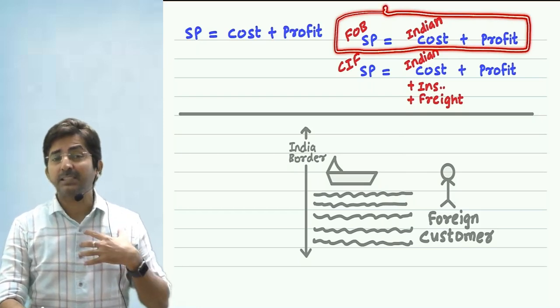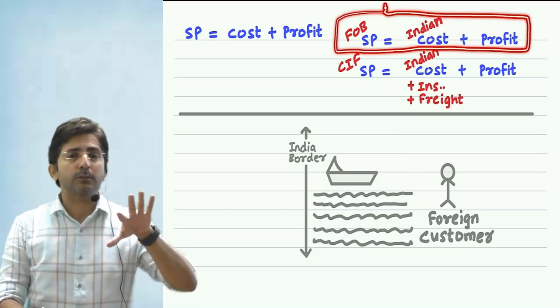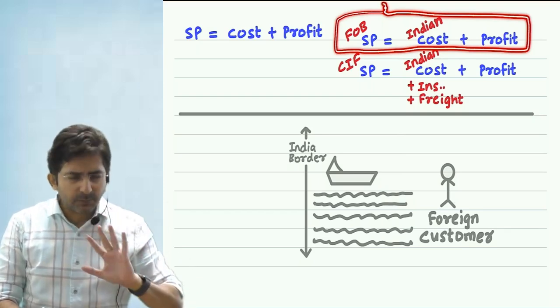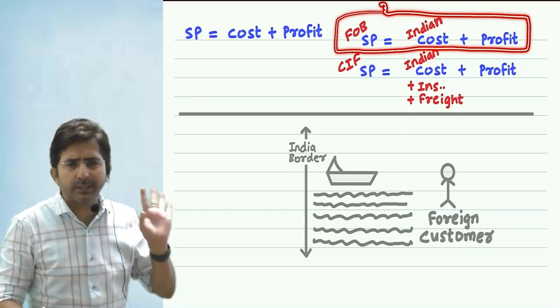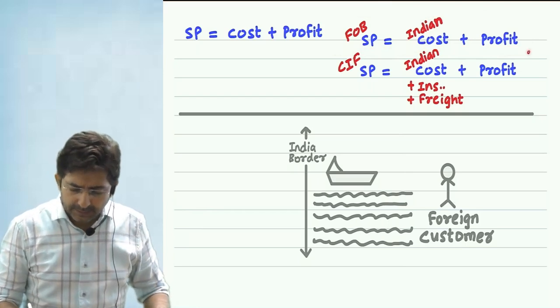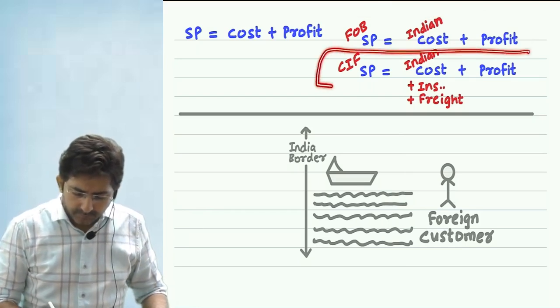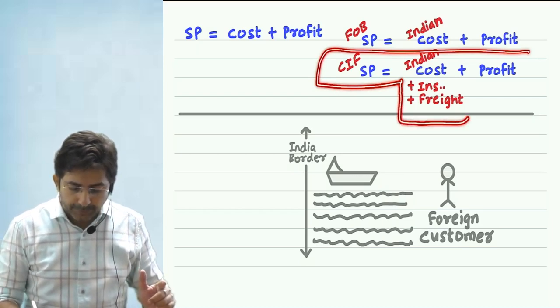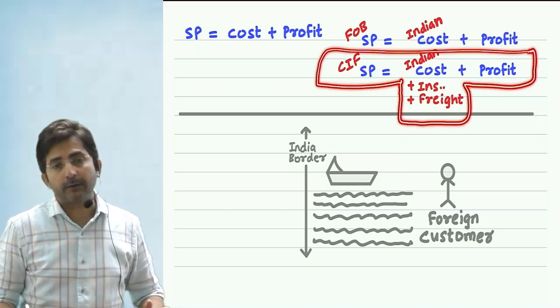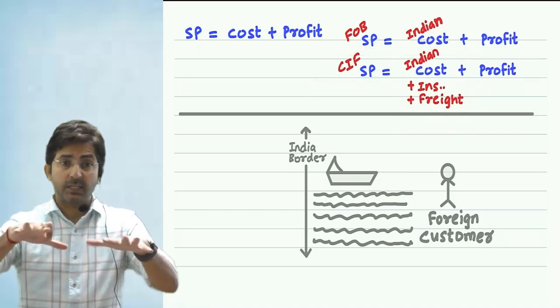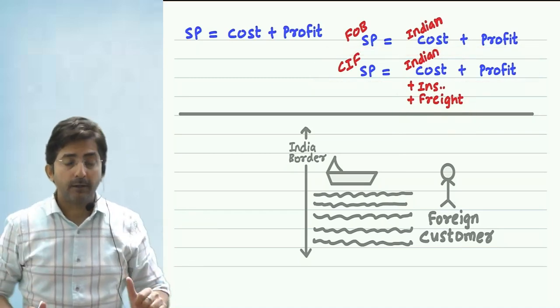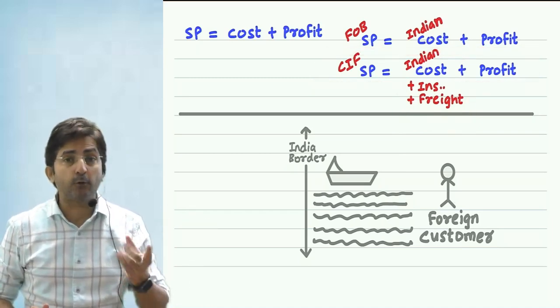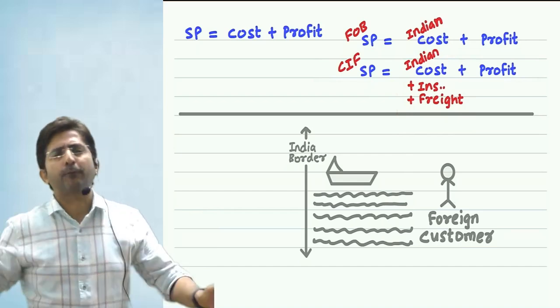Did you see I am stressing on Indian cost plus profit? I will explain what that is. Let me first show what's written. Then CIF sale price is Indian cost plus insurance plus freight and then plus profit. The basic structure is the same, cost plus profit, but the difference is that in FOB it is Indian cost and profit.